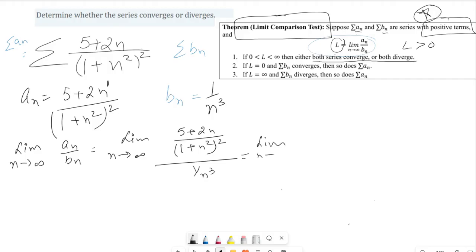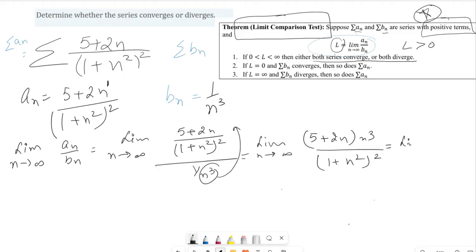So this can be written as (5 plus 2n) times n cube, which flips and multiplies, divided by (1 plus n squared) squared. Now all we have to do is somehow find this limit.